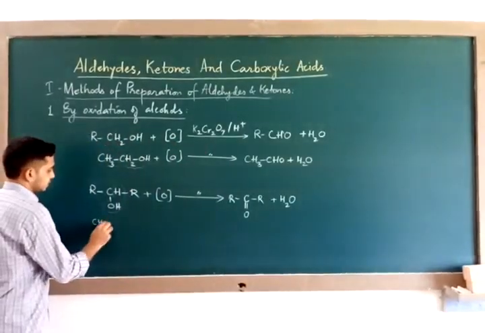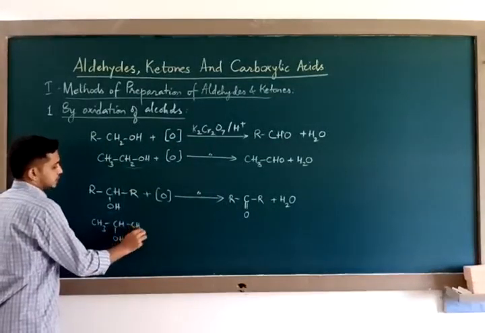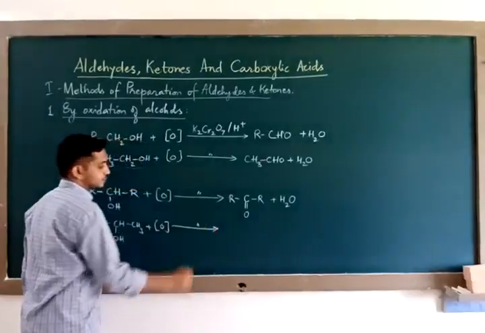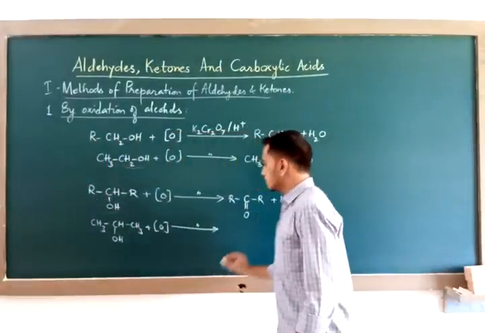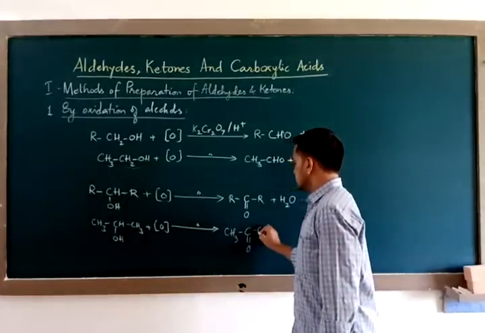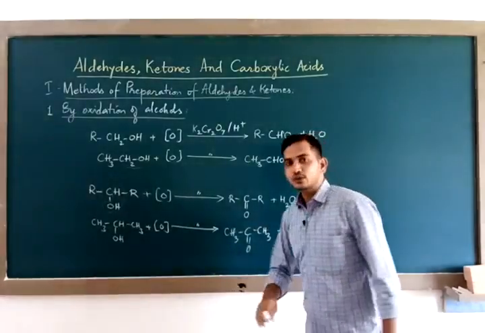Similarly, if isopropyl alcohol, which is a secondary alcohol, is oxidized, what product is obtained? Then you will get CH3, CO, CH3. You will get propanone or acetone as the product.